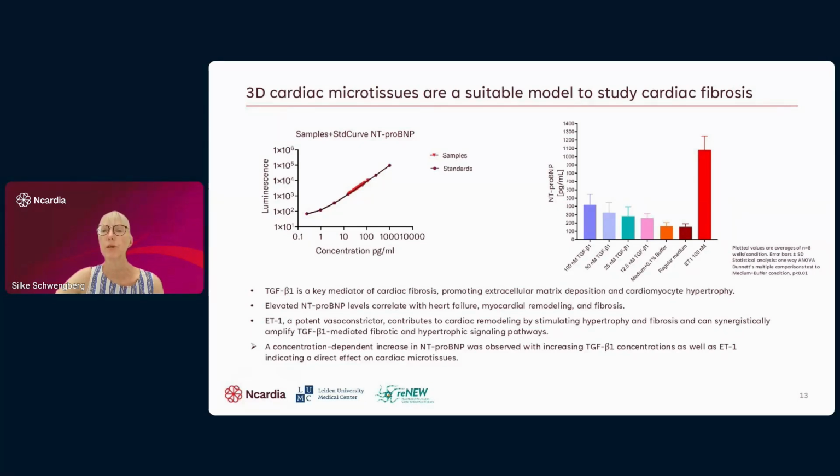But what you can also see is that with these increasing concentrations of TGF-beta, from the left to the right is the concentration increase, you do also see an increase in the release of NT-proBNP. So that means that obviously TGF-beta is triggering a hypertrophy response in the cardiac microtissues, and that would be also one of the steps in developing cardiac fibrosis.